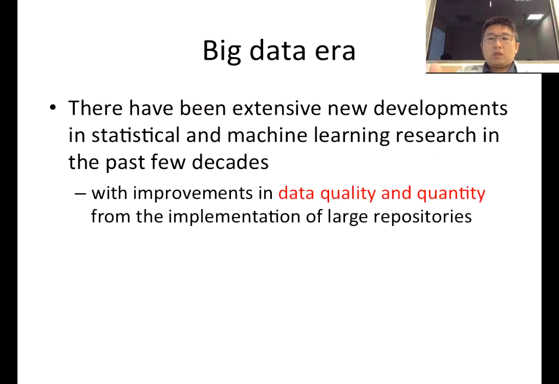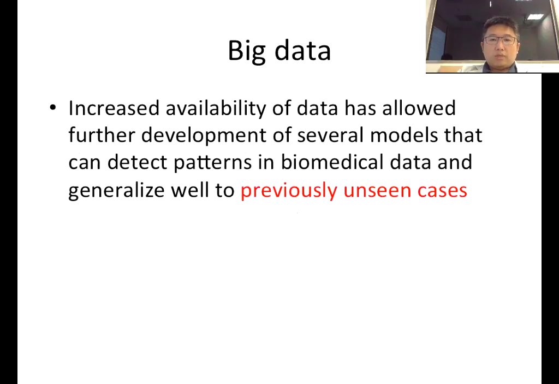The data quality and the data quantity are big enough, so we have a chance to generate some hypotheses. That's why we talk about big data again: because we have lots of data, we can use statistical and machine learning approaches to generate ideas.